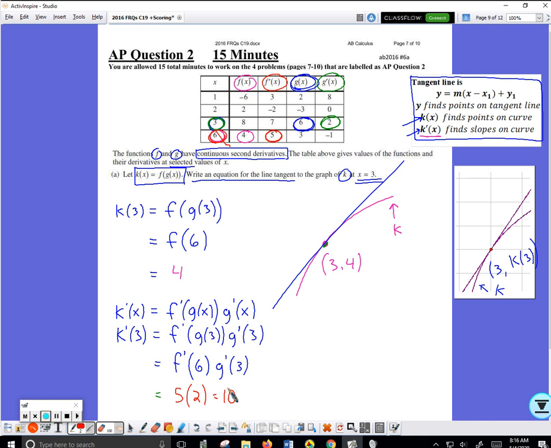So we can now write the equation of a line tangent using this formula here. So y is equal to 10 times (x minus 3) plus 4.